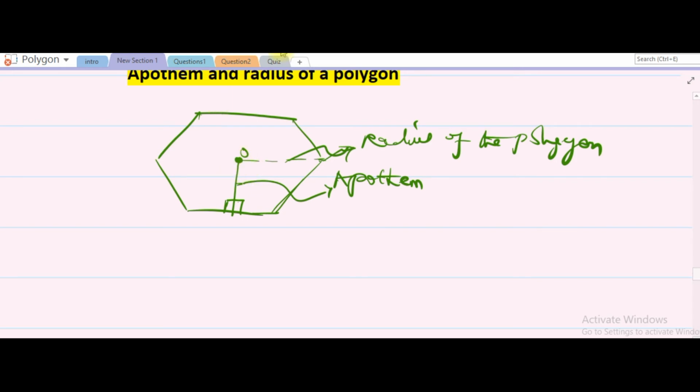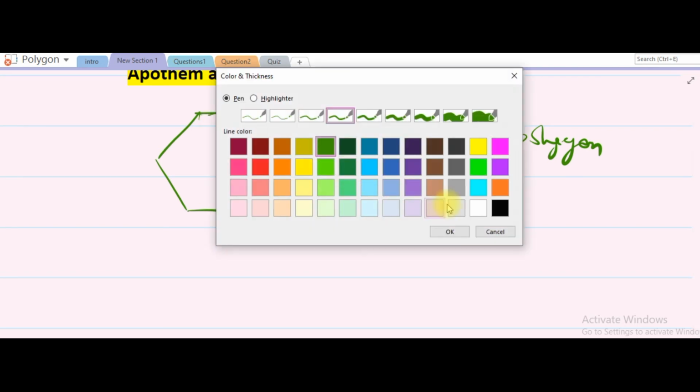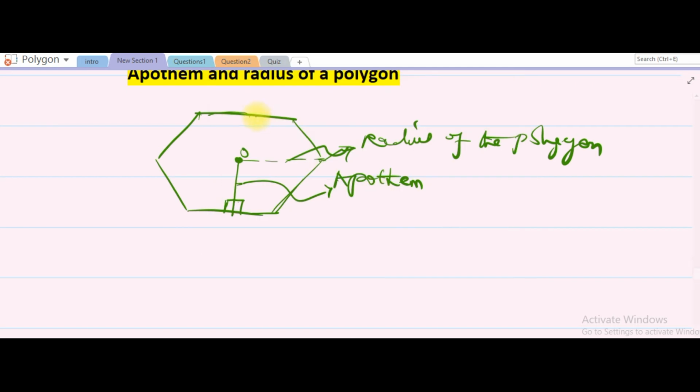If I want to inscribe a circle inside this polygon, you notice the radius I will use is the apothem.